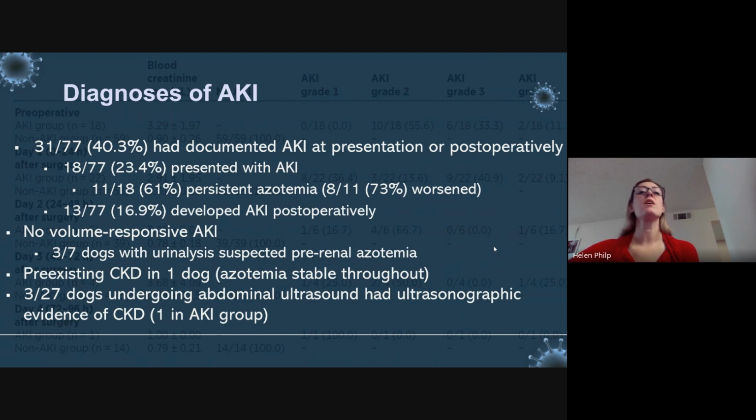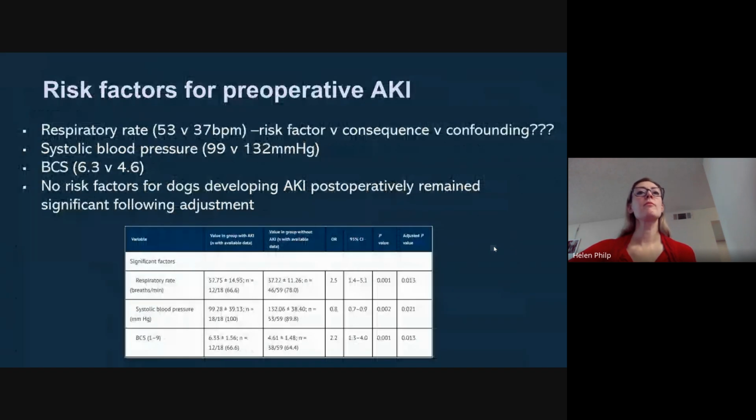So I'm not sure whether that ended up resolving and where they were counted. One dog had pre-existing CKD, but the azotemia was stable throughout. And they do also make the comment that 27 dogs underwent an abdominal ultrasound, and 3 of those had ultrasonographic evidence of CKD. In terms of risk factors for presenting with AKI, they found 3 major factors.